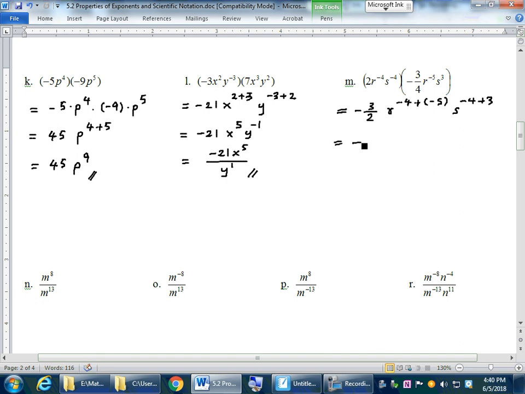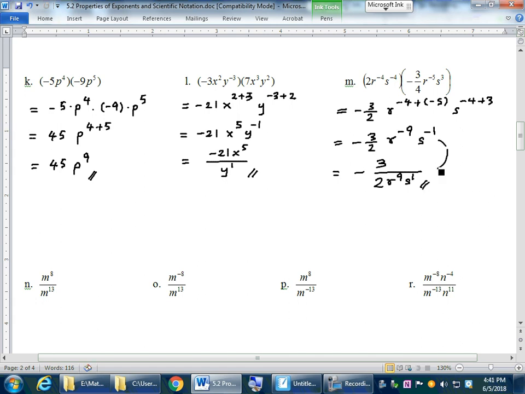So this gives us negative 3 over 2 r to the negative 9 s to the negative 1. So finally, when we write it with positive exponents, the negative in the numerator will leave only 3. In the denominator will become 2r to the 9th power and s to the first power. And that will be my final answer.